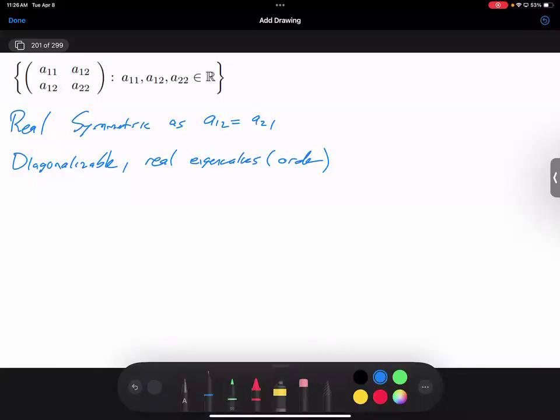So we have 4 parameters for a general 2x2, but as real symmetric, only 3. How many eigenvalues are there?